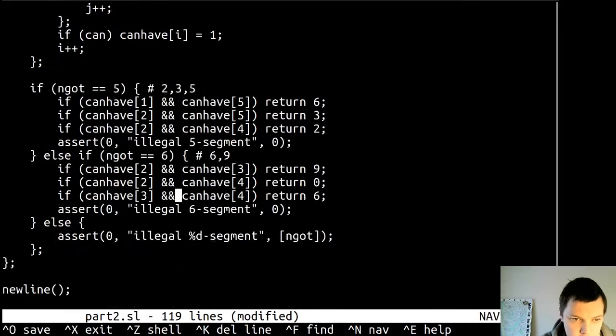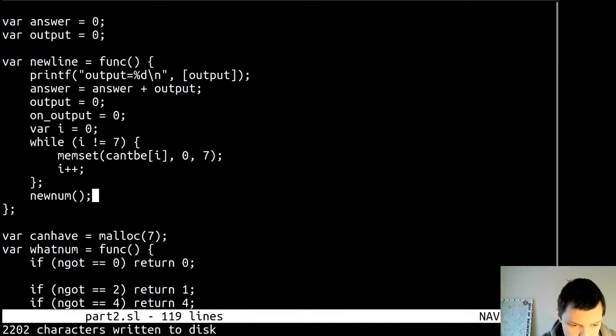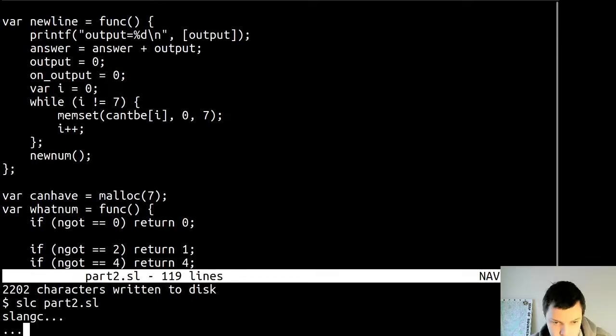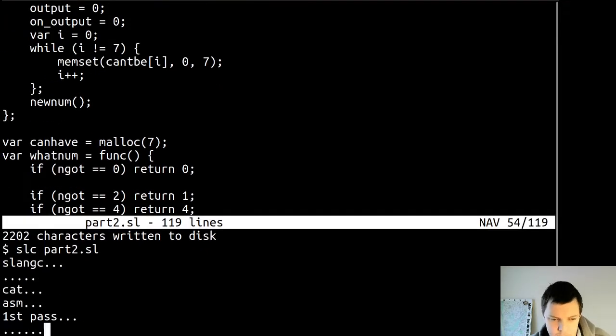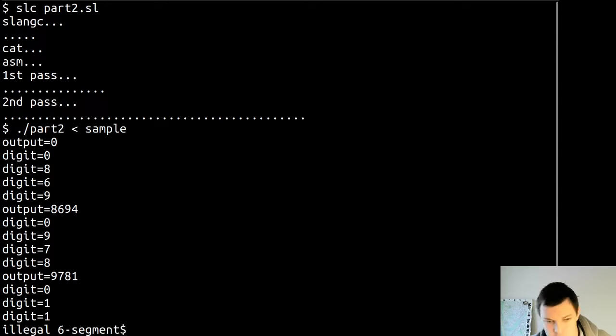And it is new line that resets output, not new num, right? Yes. So, yeah, the first one's wrong. 8694 should be 8394. 9781 is correct.